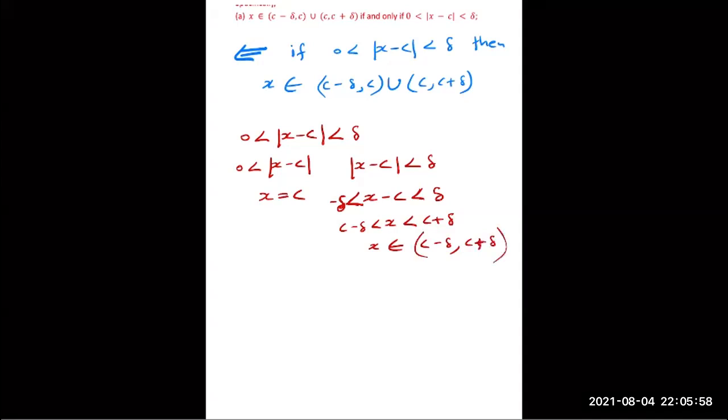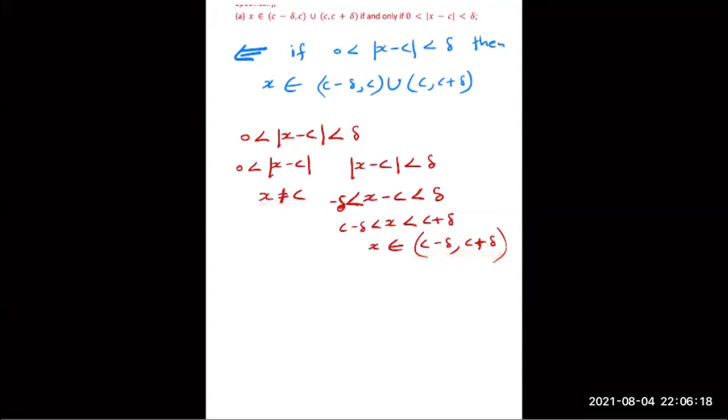But remember, pardon me, here there's a typo. This should be x is not equal to c. So now here it says x is not equal to c, and here it says x is in this interval.